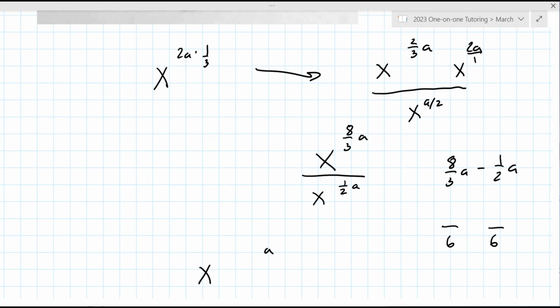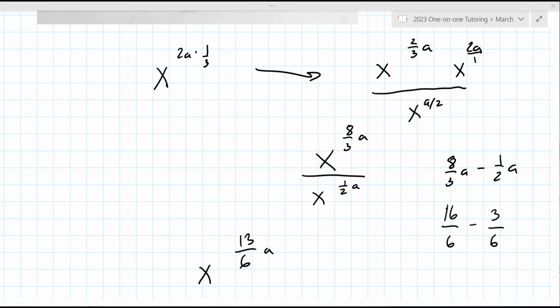So that'll be x with the exponent of 13/6 times a. Yeah, 13/6. So that's right. And you can just leave it like that. You don't have to make it a mixed number.